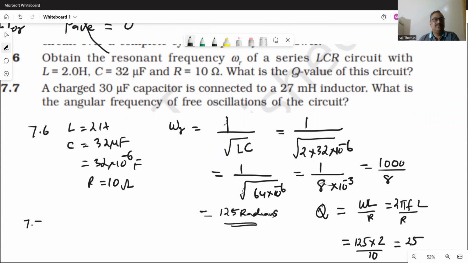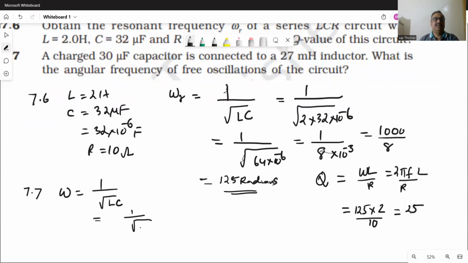So for 7.7, again omega equals 1 by root LC, which is 1 divided by root of L, 27 into 10 raised to minus 3, into C, given as 30 into 10 raised to minus 6. So just calculate it.